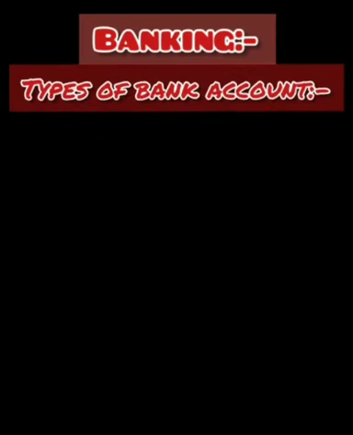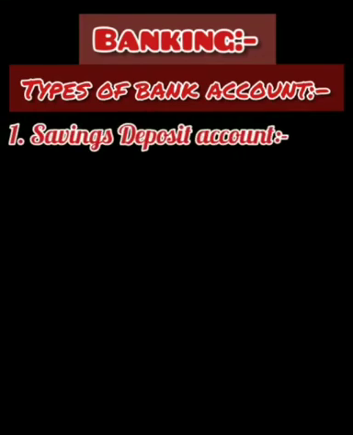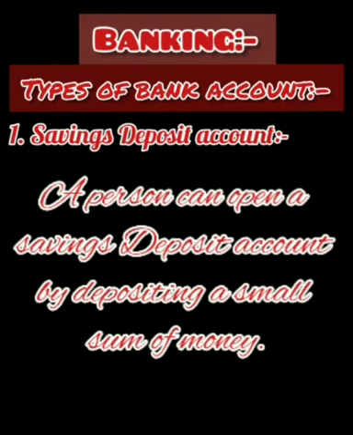There are few types of accounts which we can maintain in a bank. They are number one, savings deposit account. A person can open a savings deposit account by depositing a small sum of money.